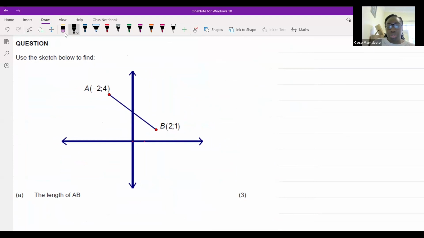Okay, so we do need to know the distance formula. We must know the distance formula, right? We know D is equal to the square root, thanks Omi, the square root of (x2 minus x1) all squared plus (y2 minus y1) all squared. All right, that's something that you just need to know.